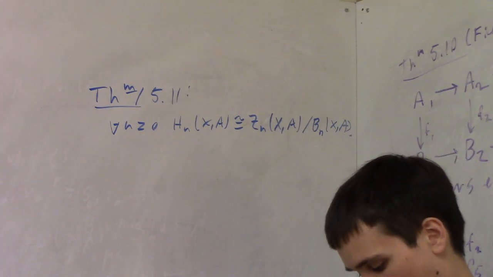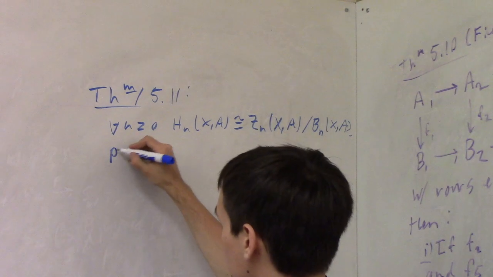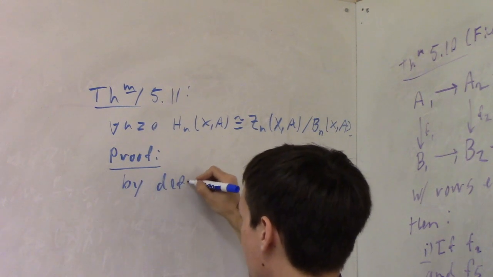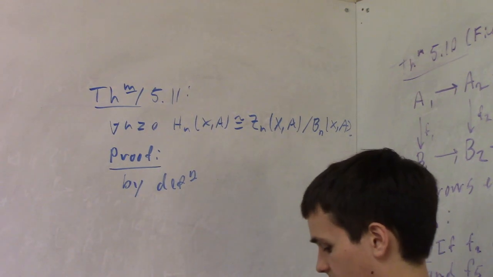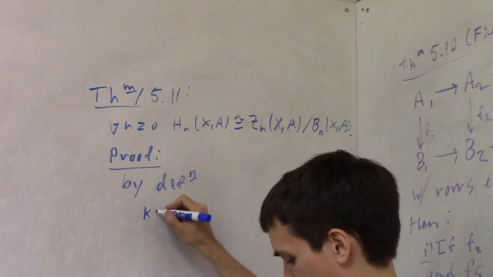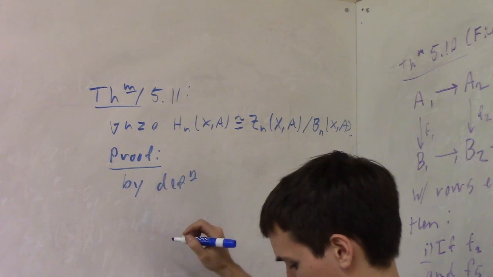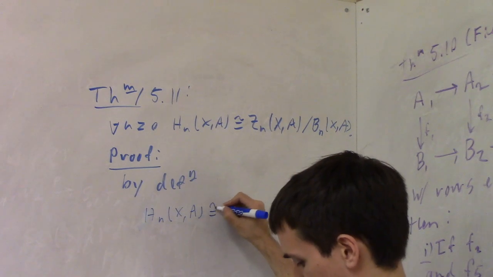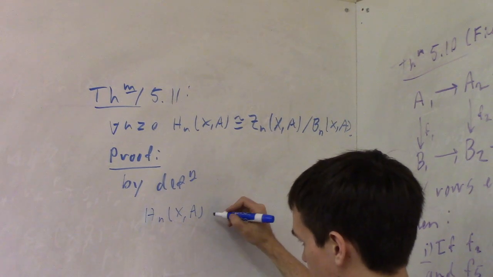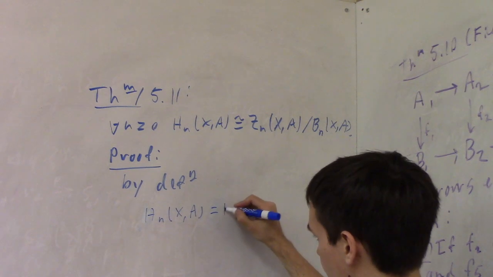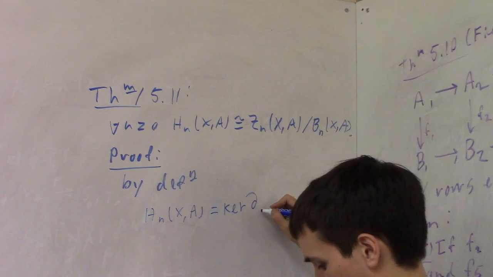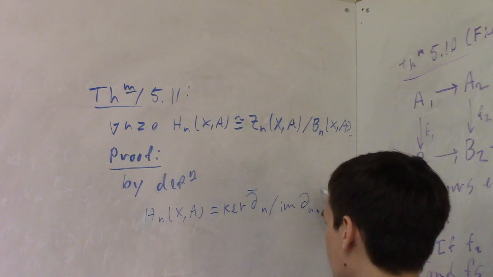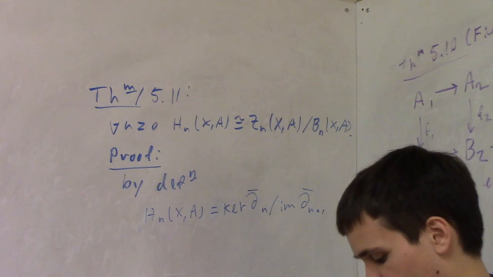So the proof here. By definition we have H_n of (X,A) is equal to the kernel of the nth map over the image of the n+1 map, which is what we defined before.